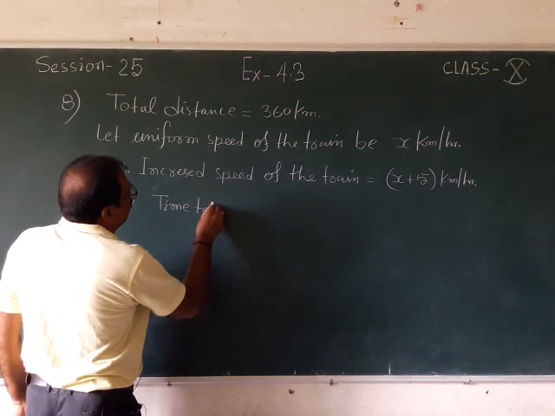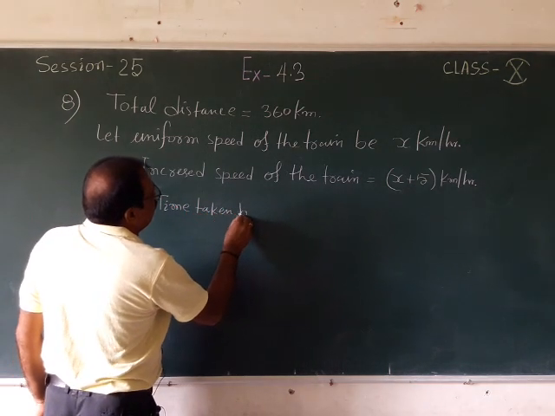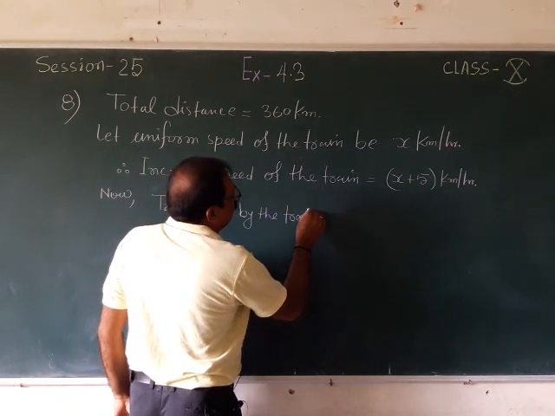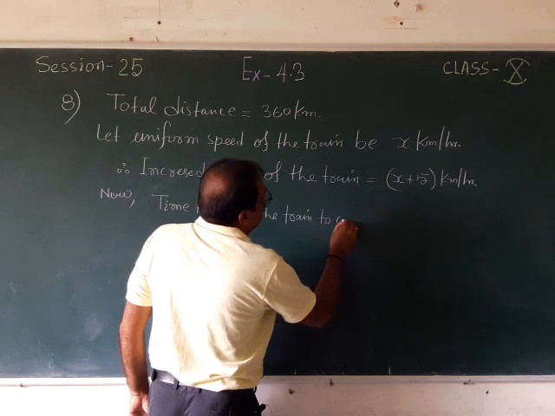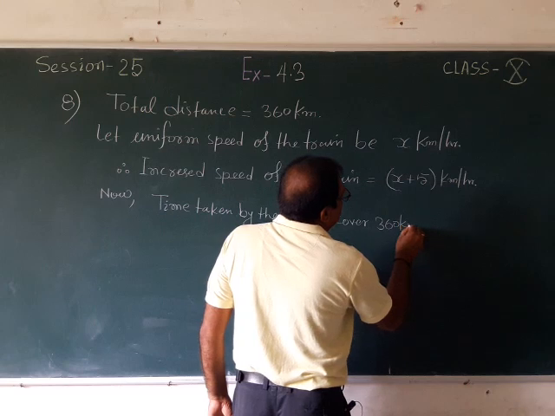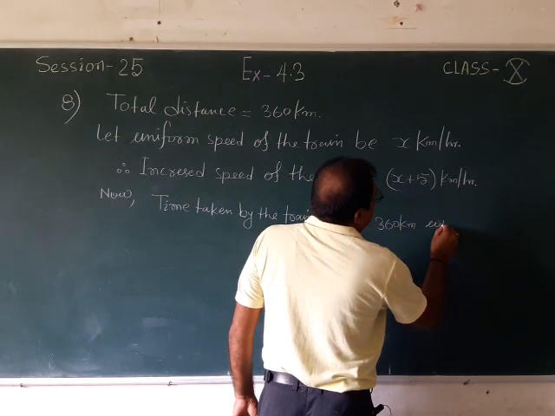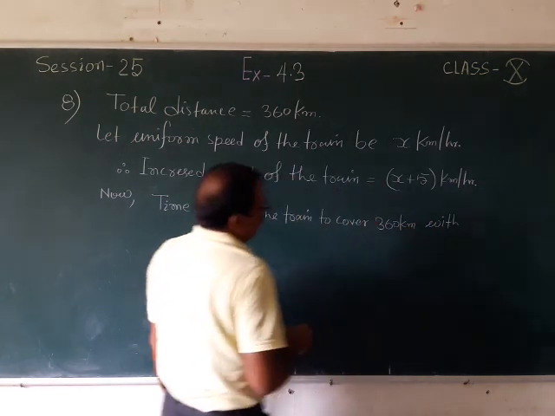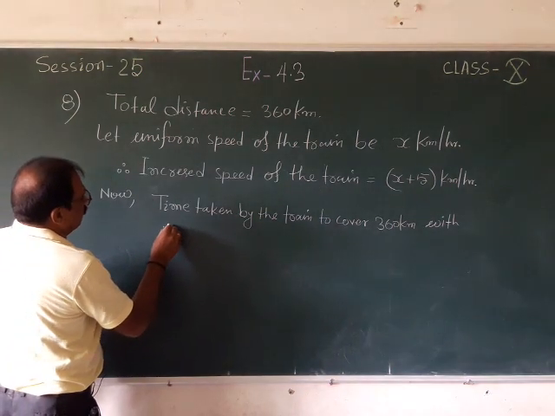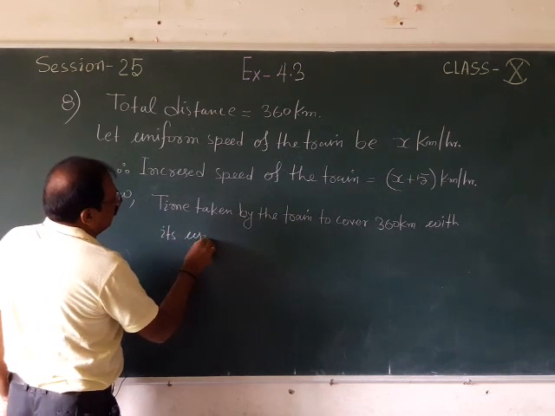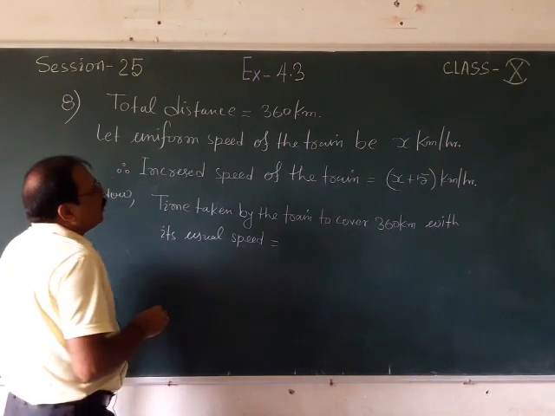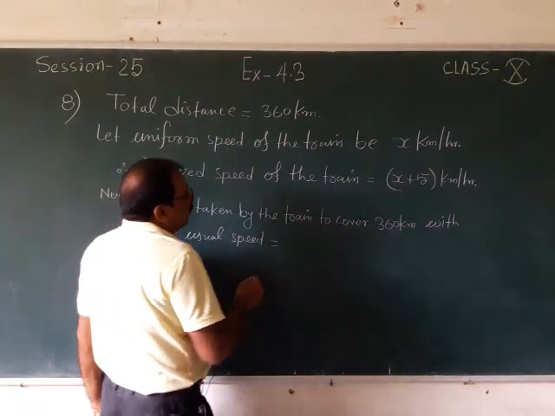Time taken by the train to cover 360 km with its usual speed will be, time means distance by speed.